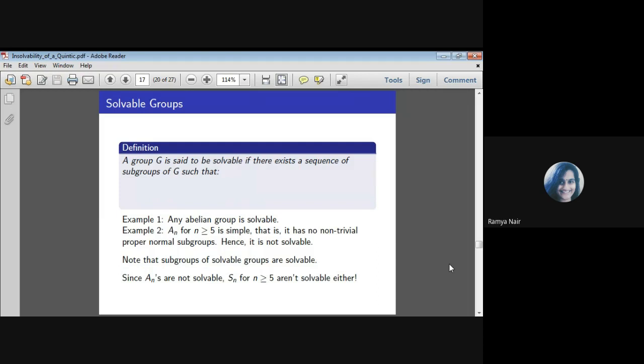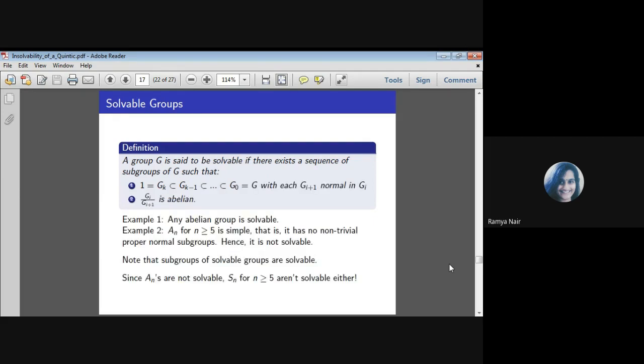Okay. So now I had mentioned before at some point what a solvable group is. A group G is said to be solvable if there exists a sequence of subgroups which start with the identity and end with the group G, such that each of those subgroups in between is normal in the next one, and the quotient Gi by Gi plus 1 is abelian.